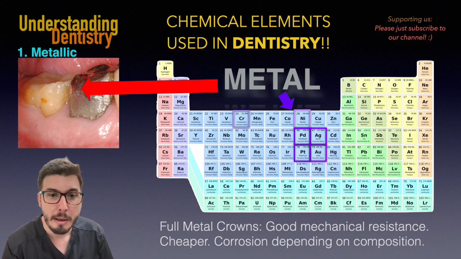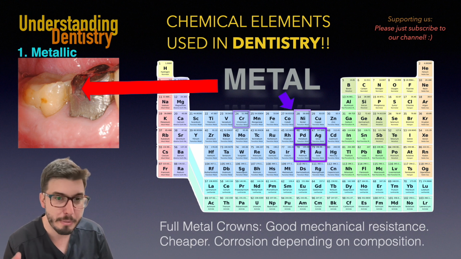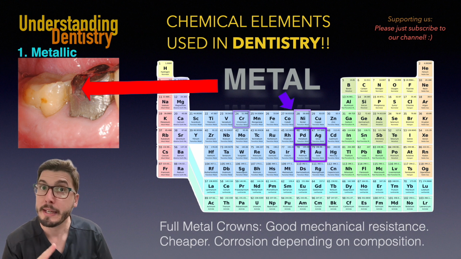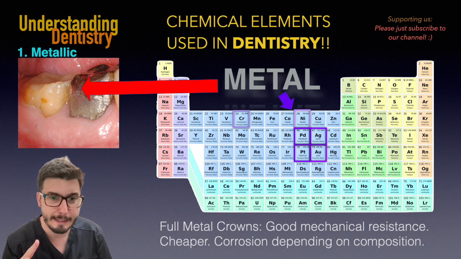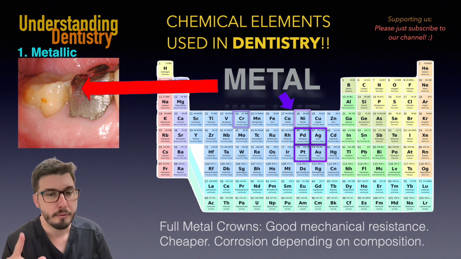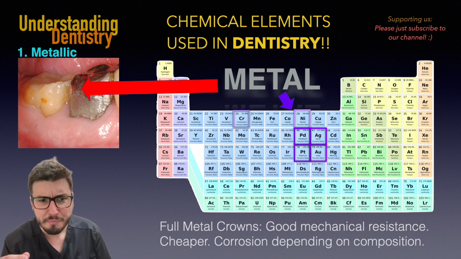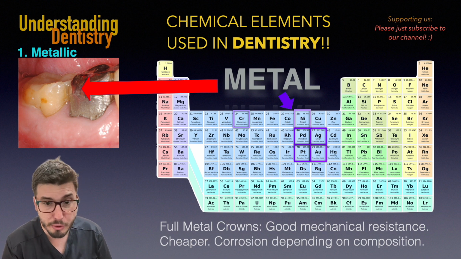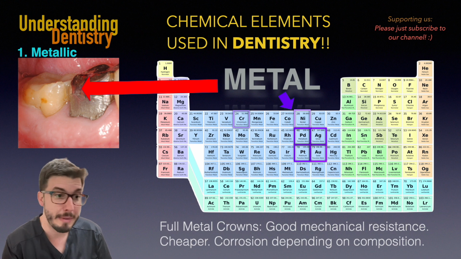So platinum, palladium, and silver. So those are the four dark purple squares that you are seeing on the screen. And of course, those are very nice noble metals to make the crown. But then nickel and chromium are also added in minor proportions. And while you have, of course, some resistance to corrosion, it's not like gold.